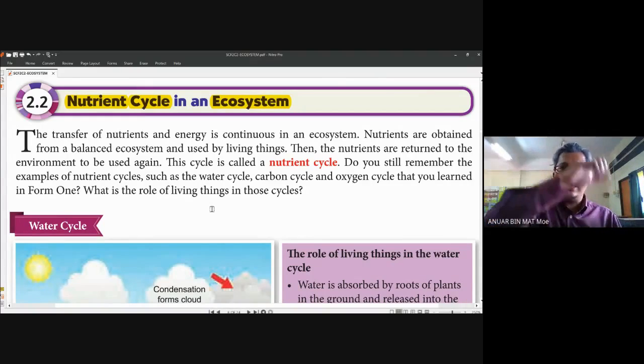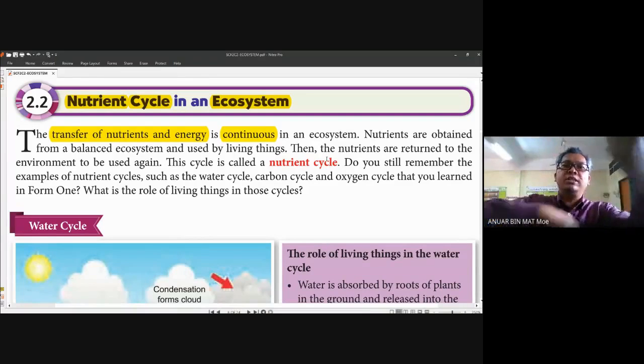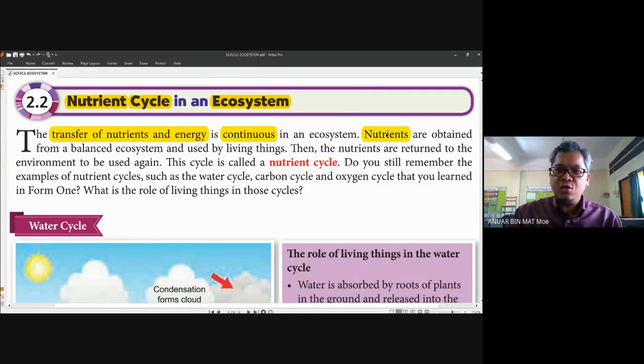This is what we call a nutrient cycle. Again, the transfer of nutrients and energy is continuous. It will repeat itself. Nutrients are obtained from a balanced ecosystem and used by living things. Then the nutrients are returned to the environment to be used again. This is what we call a nutrient cycle.